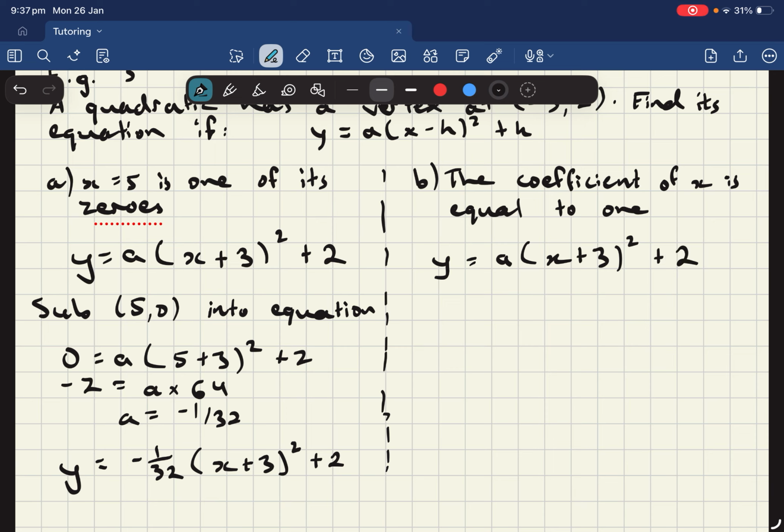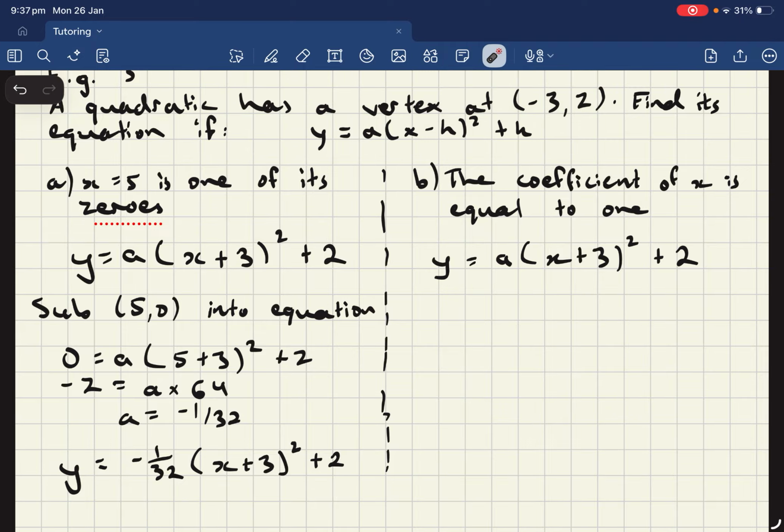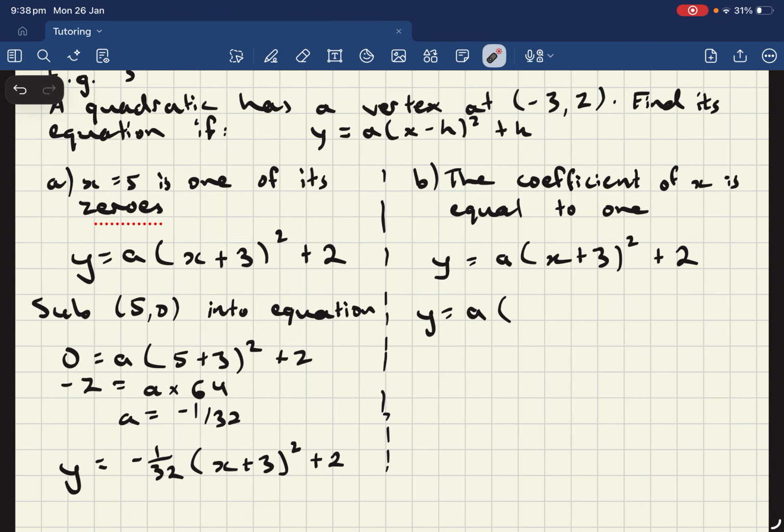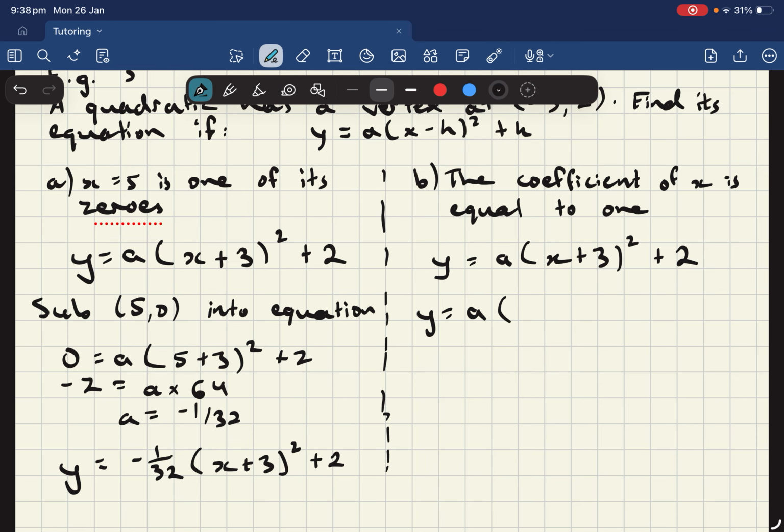Now, we know that currently in this form it doesn't give us the coefficient of x because we want to expand this out first. If we were to expand this out, this would give me y equals a outside of, and in here, if I expand this perfect square, I get x squared plus 6x plus 9, plus 2.